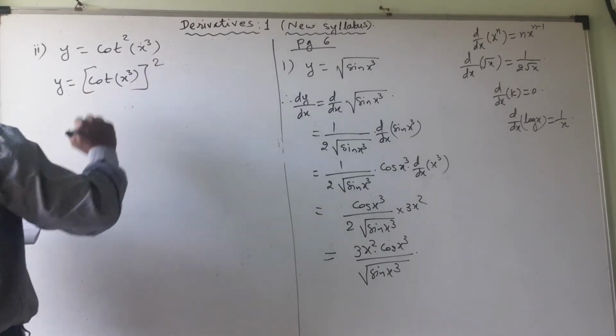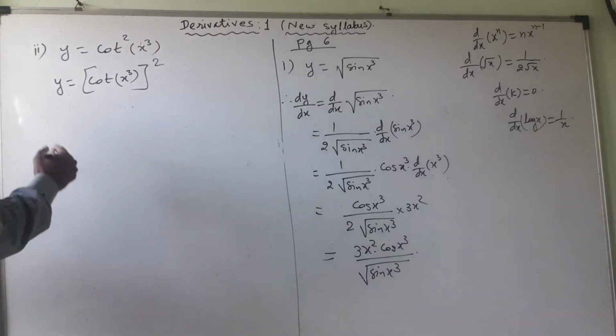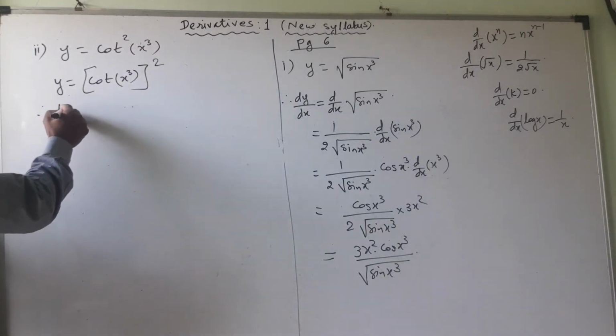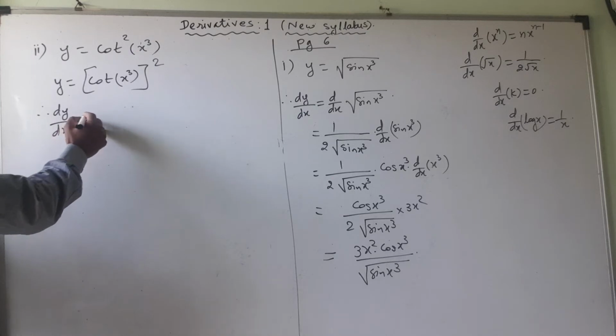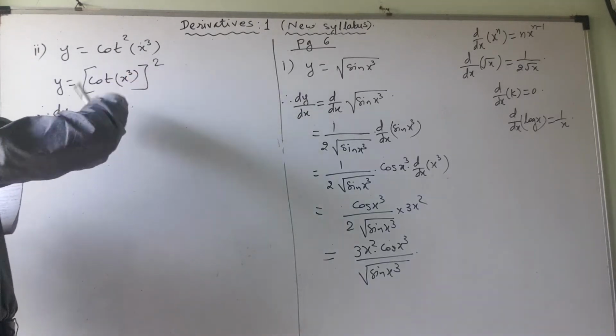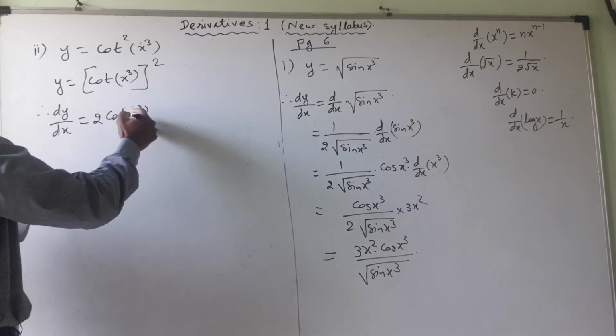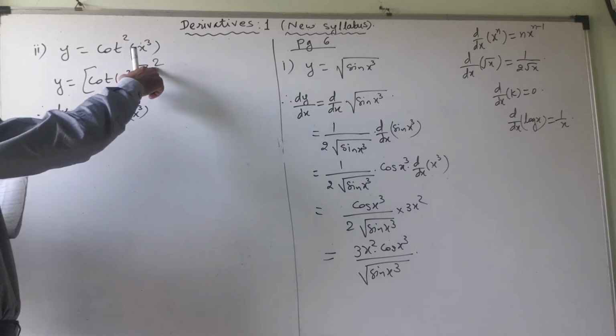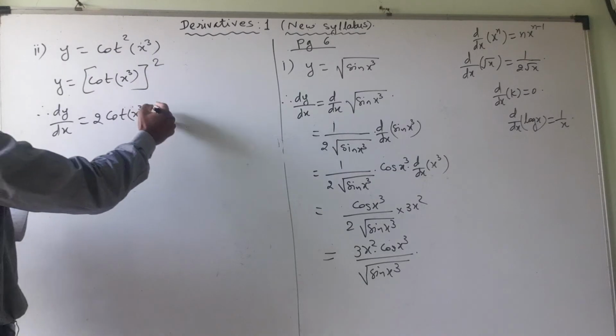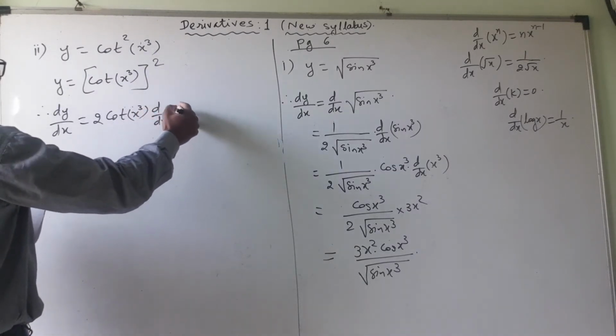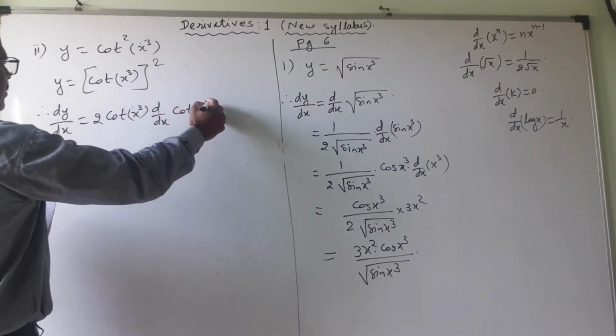This way I can write. So therefore dy by dx, the first function is the power function. Take it down, 2 into cot of x cube. The derivative of power is done. Now the derivative of this into d by dx of cot x cube.